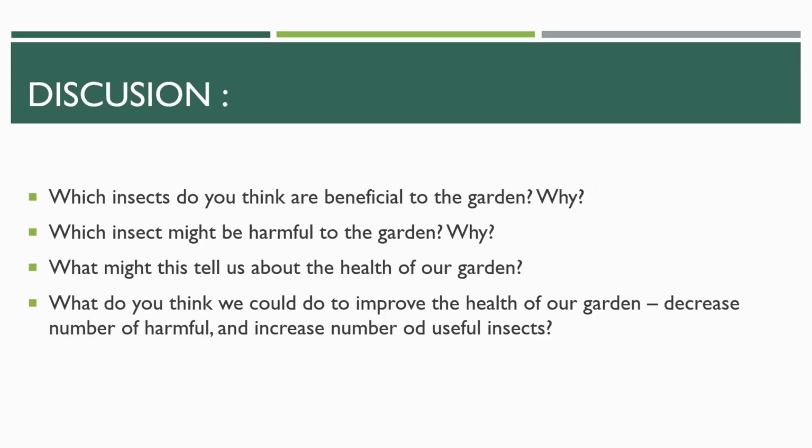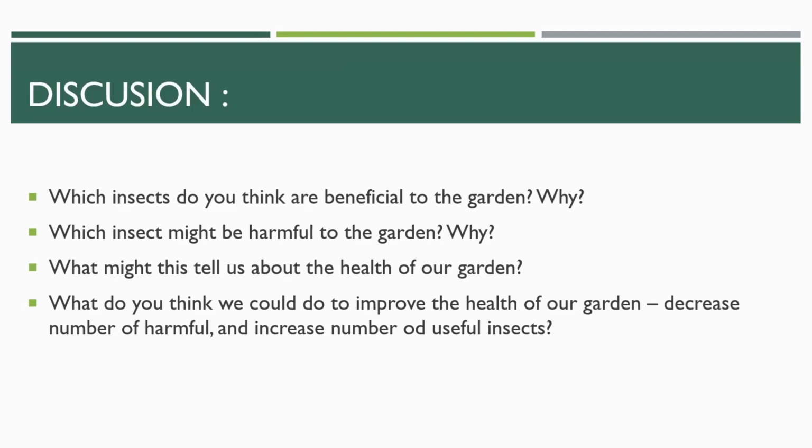More discussion can go to which insects do you think are beneficial to the garden and why? Which insects might be harmful to the garden and why? What might this tell us about the health of our garden? What do you think we could do to improve the health of our garden?